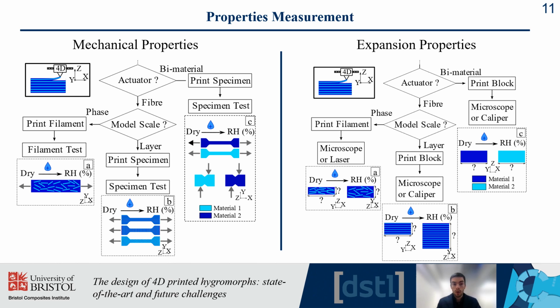For instance, I use coefficient of moisture expansion, others use hygroscopic strain, others use volume changes. They all mean the same thing, but knowing which would be the most efficient to account for this deformation capability would be an efficient way of comparing different materials and predicting the deformation of the structure.